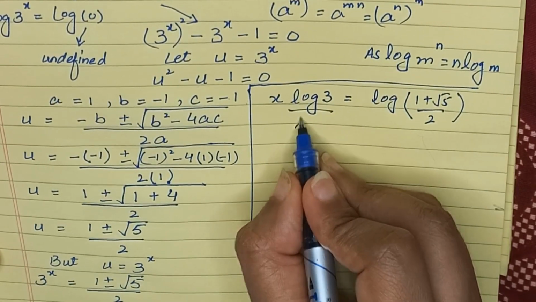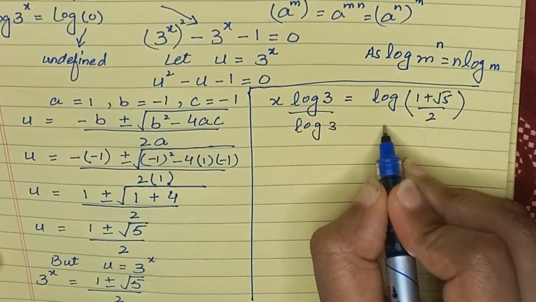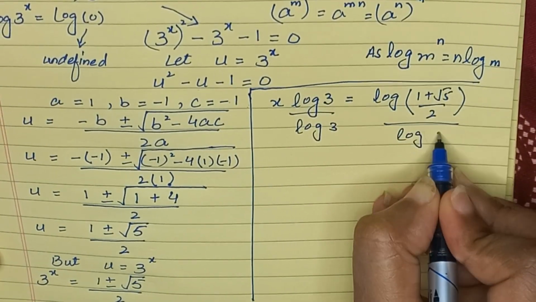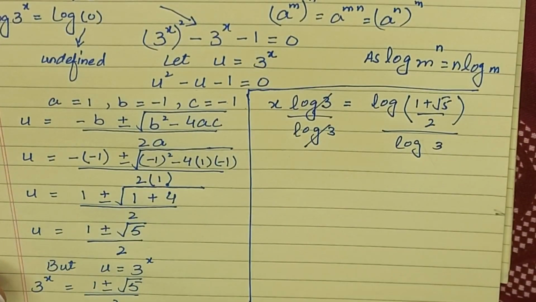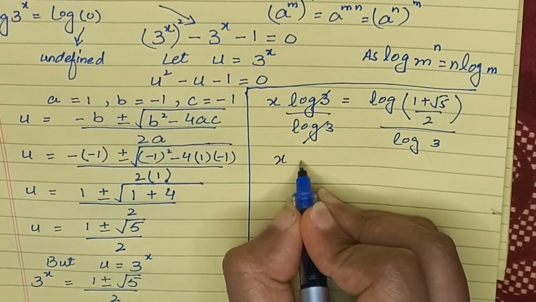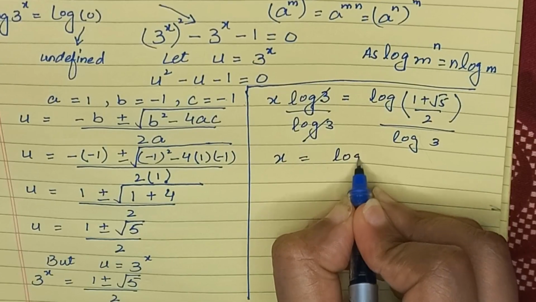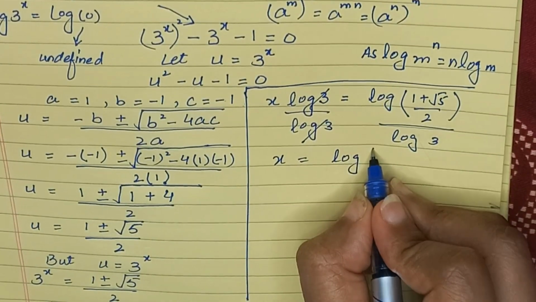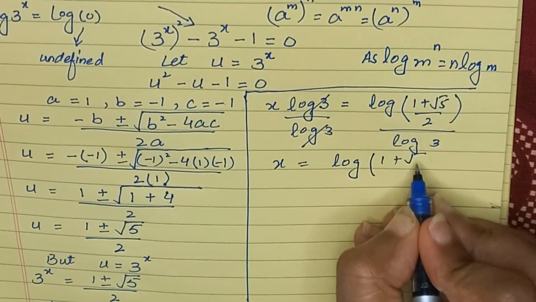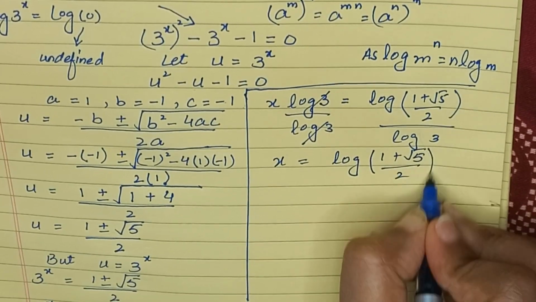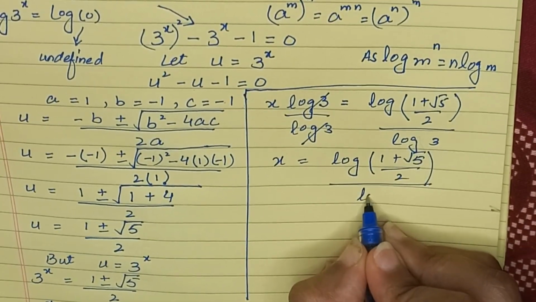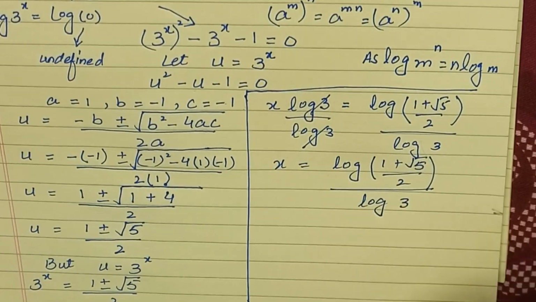Dividing both sides by log 3, log 3 and log 3 will cancel out. So x is equal to log of 1 plus square root of 5 divided by 2, divided by log 3.